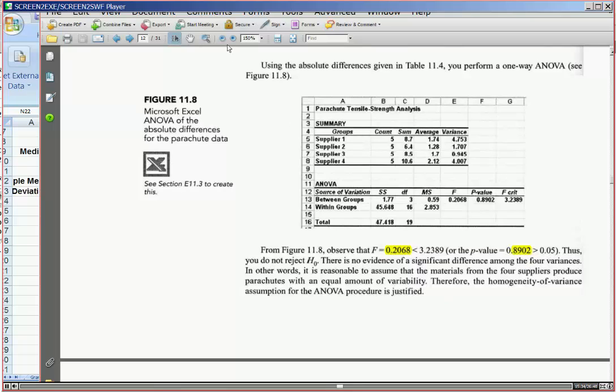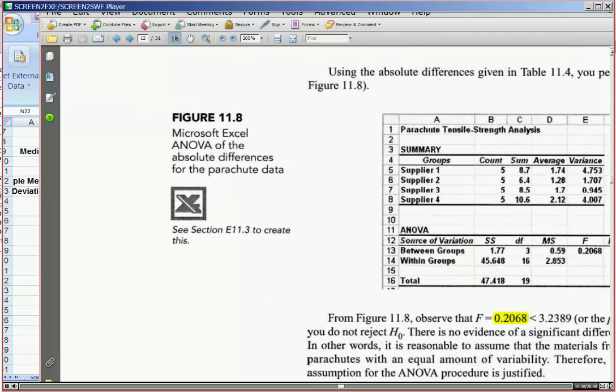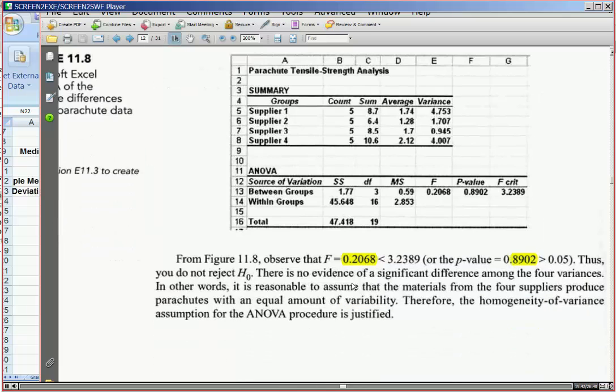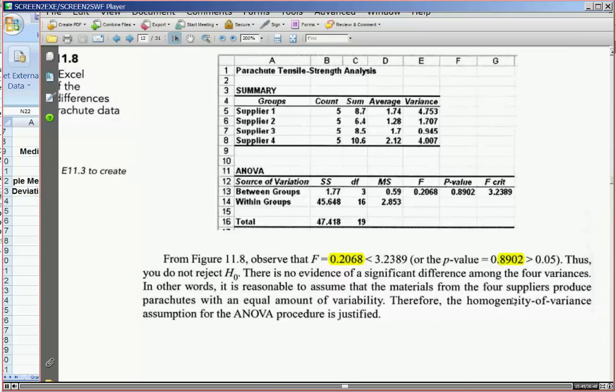Thus, you do not reject the null. There is no evidence, this is how you write the conclusion, there is no evidence of a significant difference among the four variances. In other words, it is reasonable to assume that the materials from the four suppliers produce parachutes with an equal amount of variability.